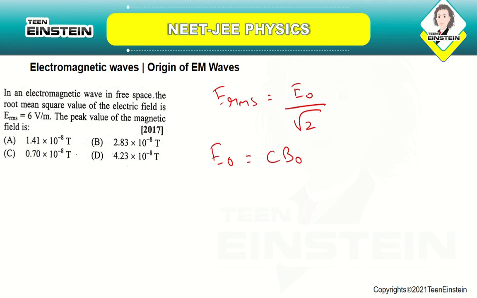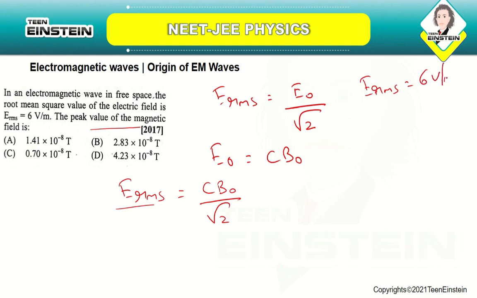So you will be getting ERMS is equal to C B naught by root 2, but they want us to find out the peak value of the magnetic field. You know the value of ERMS, they have given it as 6 volt per meter, and you know the C value, it is speed of light, 3 into 10 power 8.